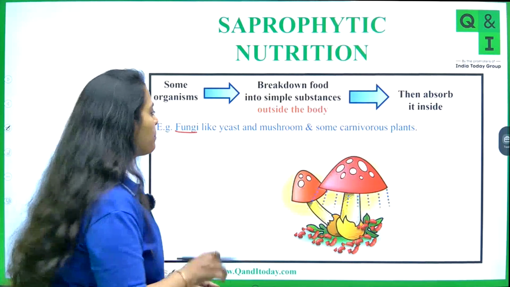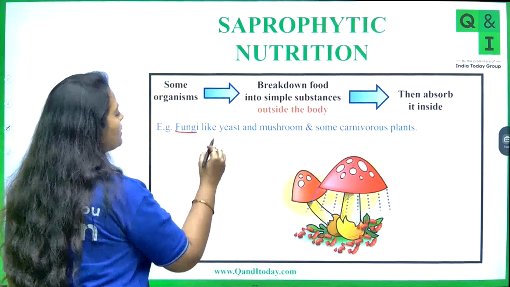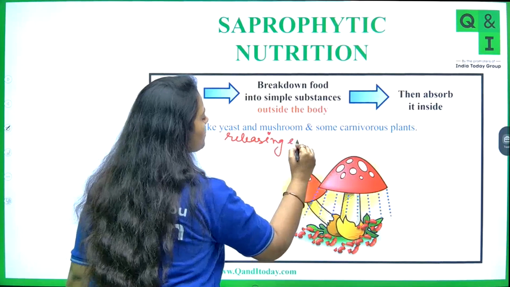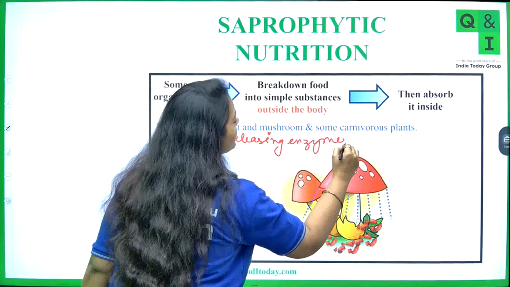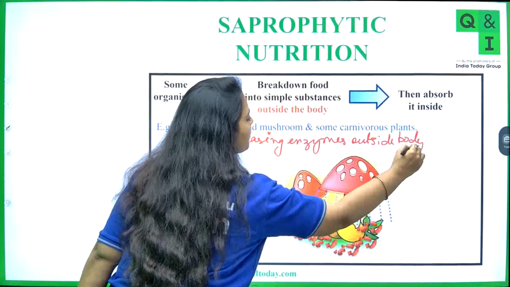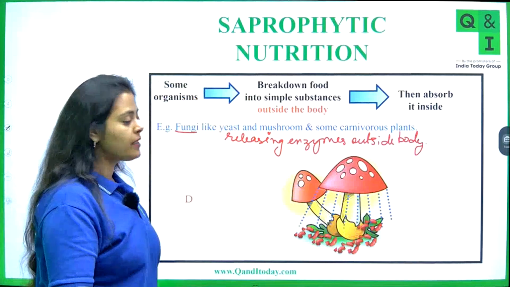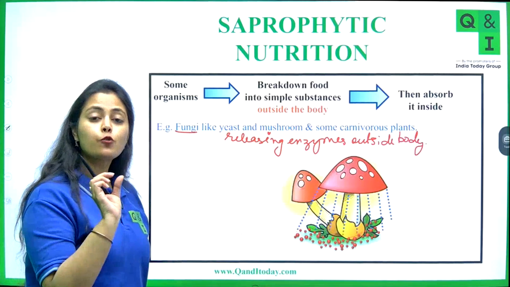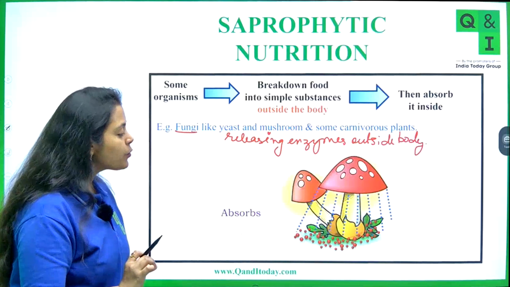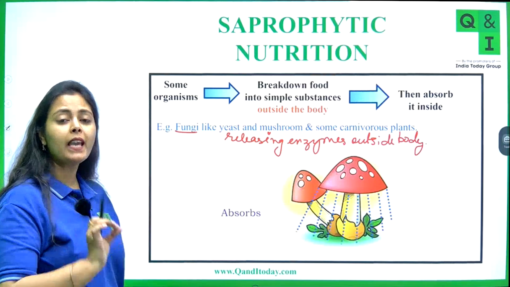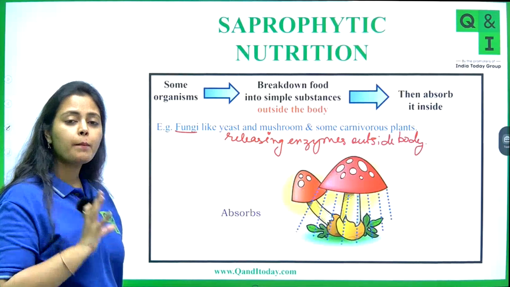Please remember this term here: releasing enzymes outside the body. Now the enzymes are getting released outside the body. Then this food is getting digested into smaller particles, and eventually these smaller particles are being absorbed by the fungi, or by the mushroom.